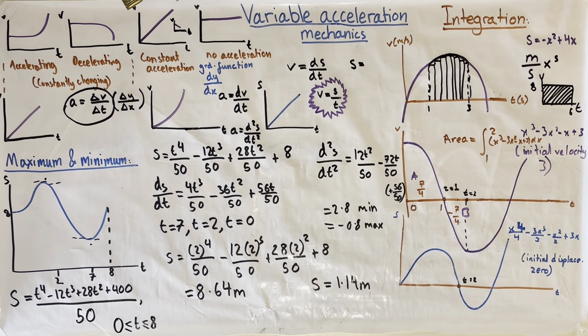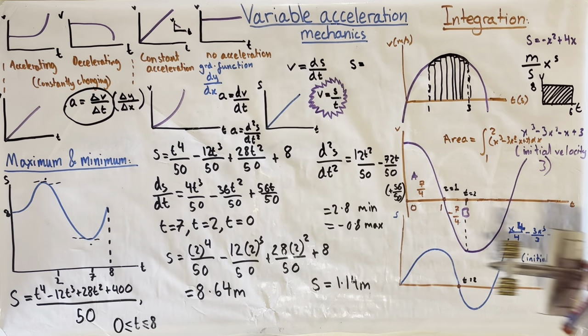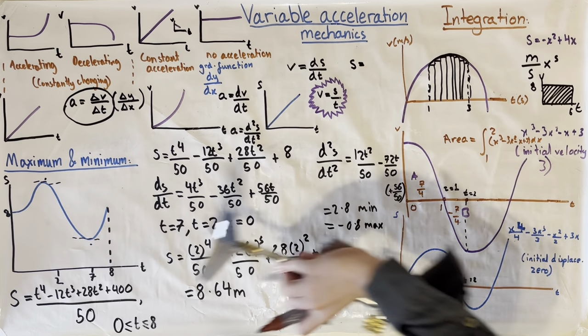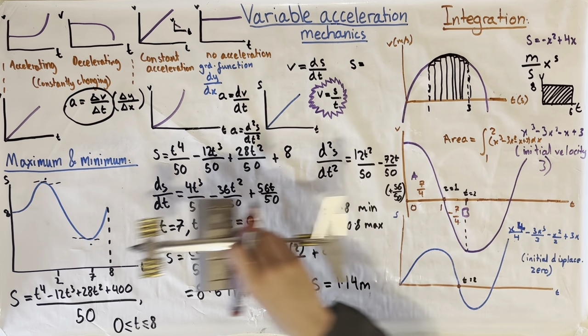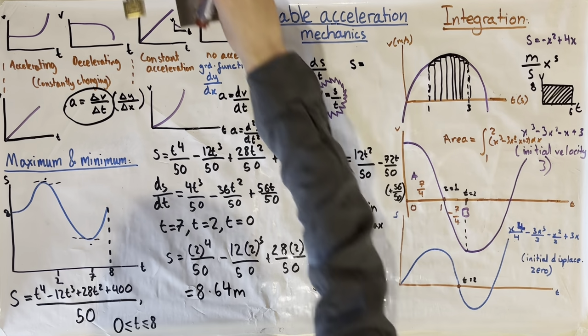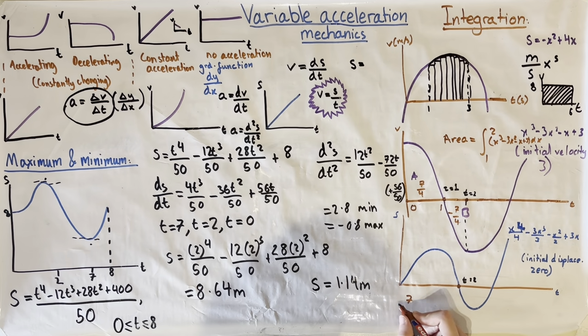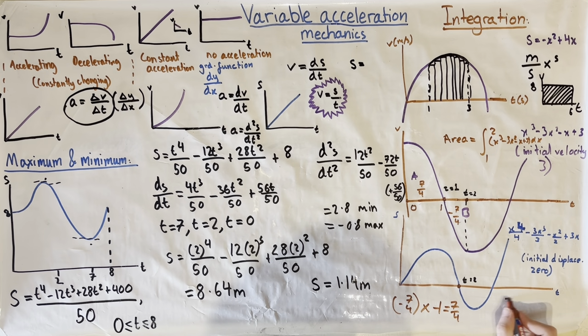So if we want to find the total distance traveled, so not the plane going there and also coming back, we just want to find it going here, and it going here. So we'd have to do minus 7 over 4 times minus 1, which equals 7 over 4. We do 7 over 4 plus 7 over 4 to get 14 over 4, or in other words, a total distance traveled of 7 over 2 meters.